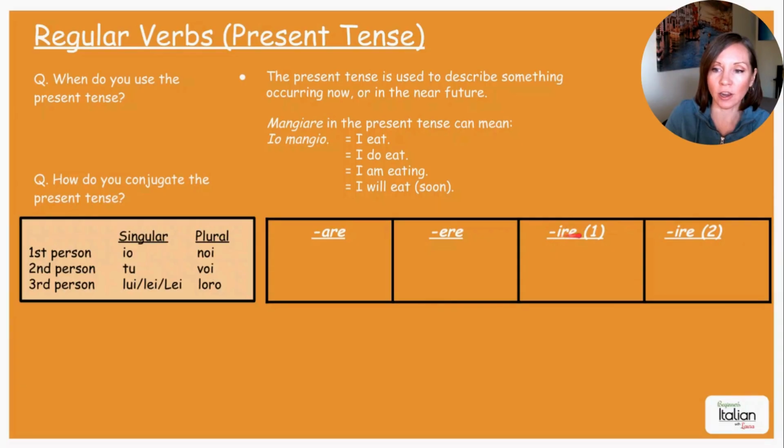The basic endings in the present tense for a regular ARE verb would be o, i, a, iamo, ate, ano. As I always did, you can just make a little song out of it: o, i, a, iamo, ate, ano.